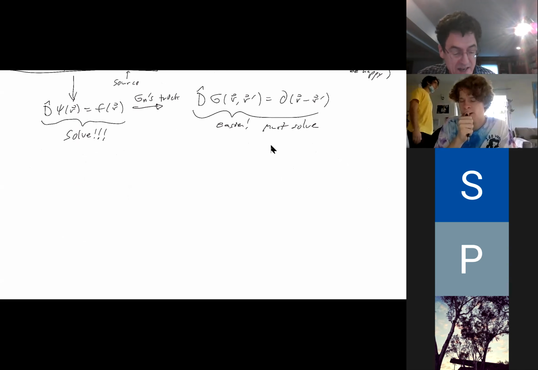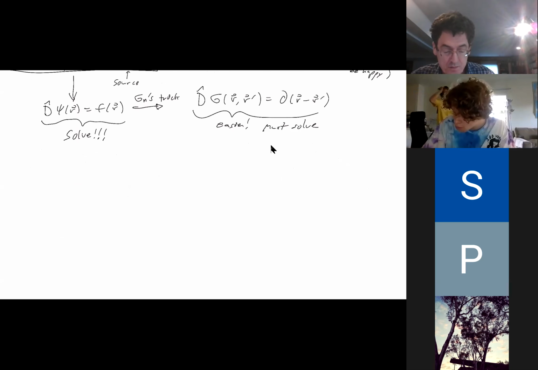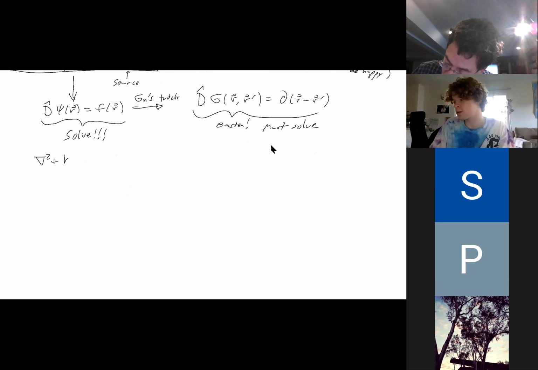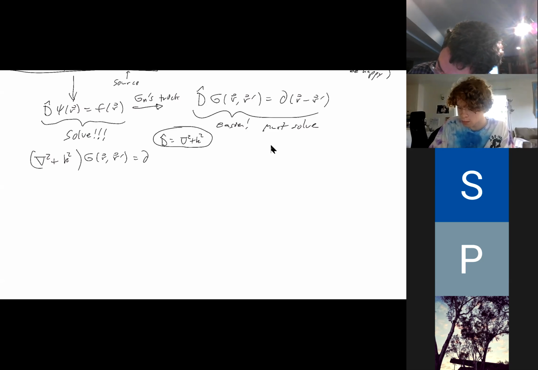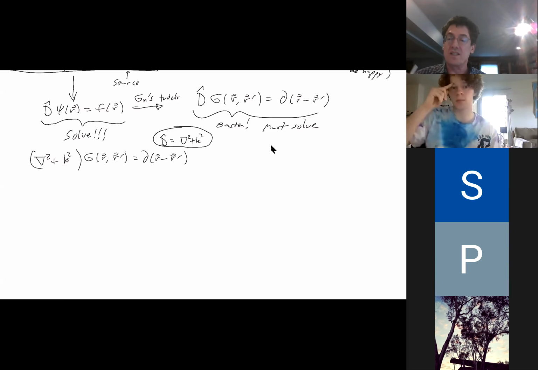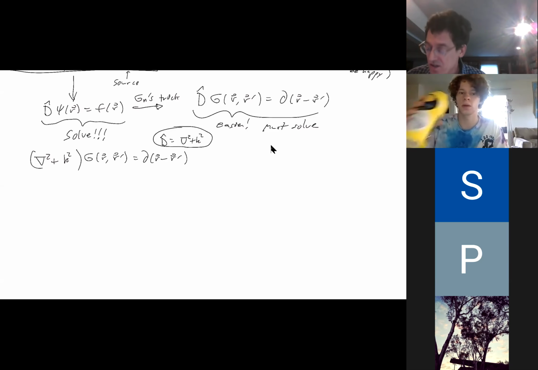Let's write it down. The differential operator D is equal to del squared plus k squared. So now we have del squared plus k squared acting on the Green's function equal to a delta function. That's basically saying I have a delta function source; what then is the system's response at some faraway distance? That's the Green's function.